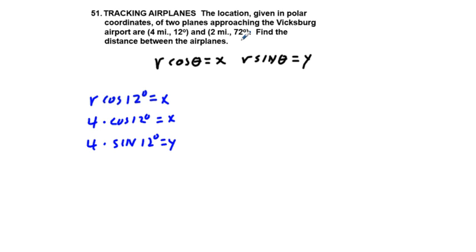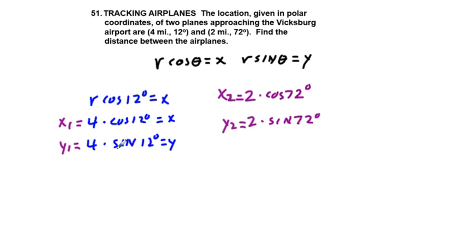And for this other location, we're going to have 2 times cosine of 72 degrees as our x coordinate, and our y coordinate is going to be 2 times sine of 72 degrees. So we're going to call this x1, y1, and this one x2, y2, where x1 equals 4 cosine 12 degrees and y1 equals 4 sine 12 degrees.